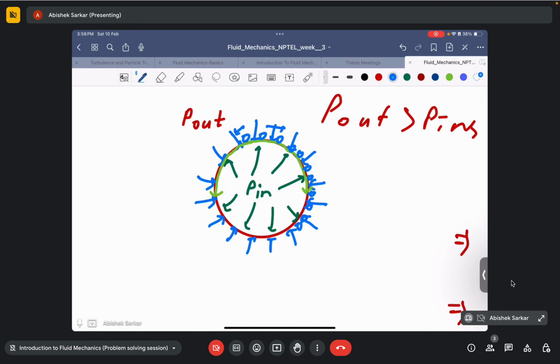Since the number of molecules is constant and the size of the bubble is increasing, these liquid molecules will move apart. But that is not what surface tension wants. The surface tension wants that these molecules should stick together and should not move apart. These molecules should be as close as possible.